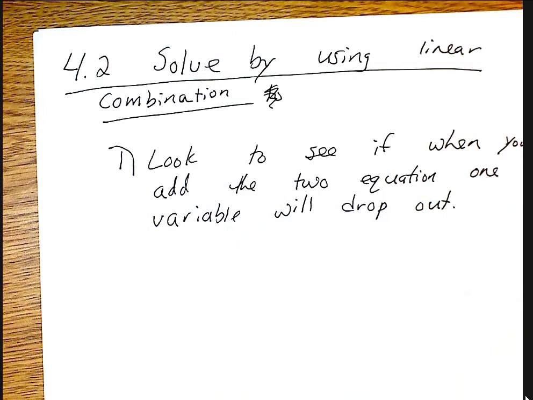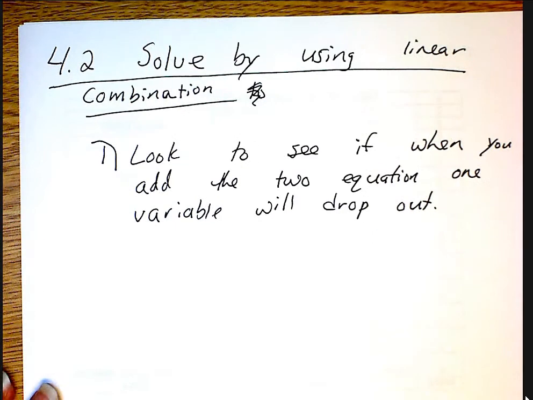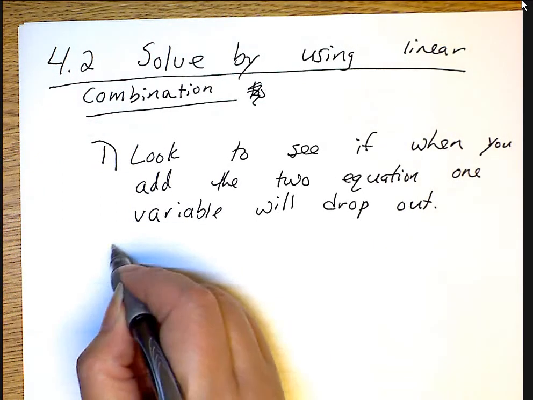So if when you add the two equations one variable drops out, you simply solve for the remaining variable and you'll be done, right? If not, then you have to go to 2.